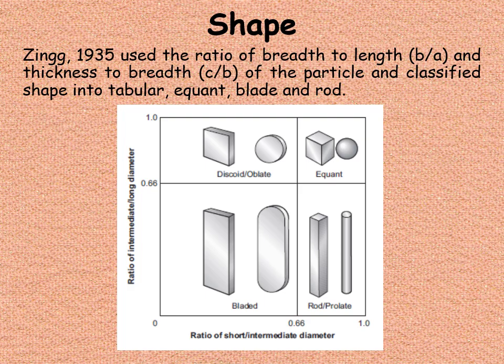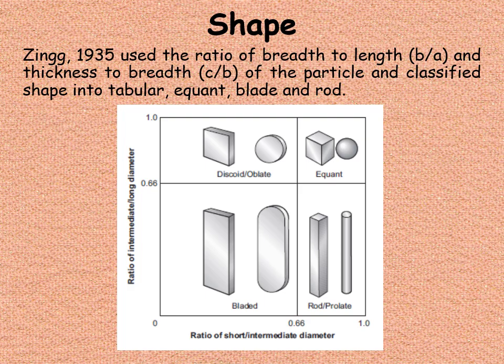Now, according to this biaxial diagram, in the top left corner the shape is known as discoid or oblate. What are the actual properties? Here you can see that two axes are almost equal in length, but the third axis is smaller with respect to the other two.